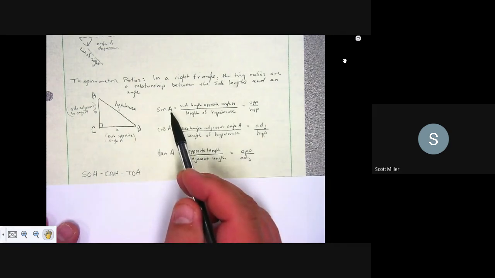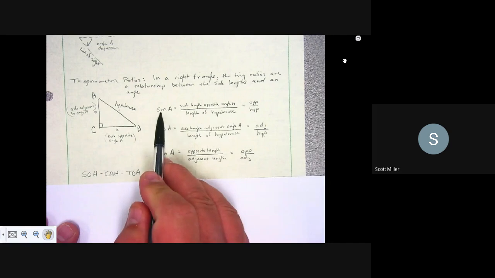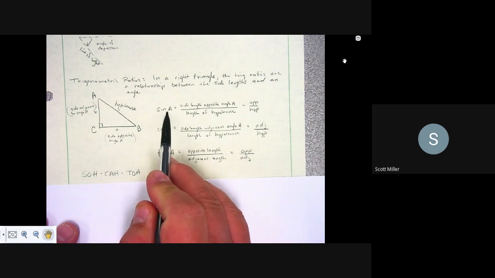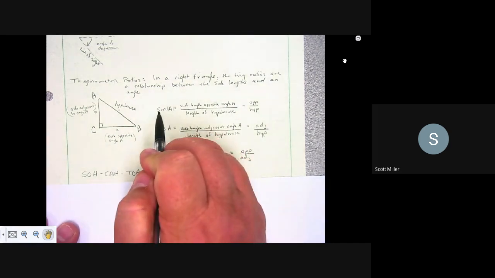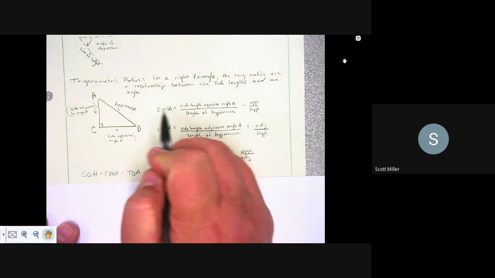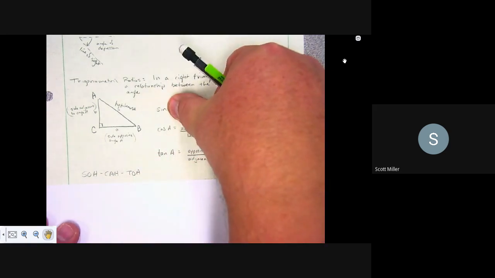There are three main trig ratios that we're going to be using to solve our problems. This is called the sine function, the sine ratio, sine of angle A. So you have to have the sine and the angle complete. It's not, that's a sin. We don't do that.